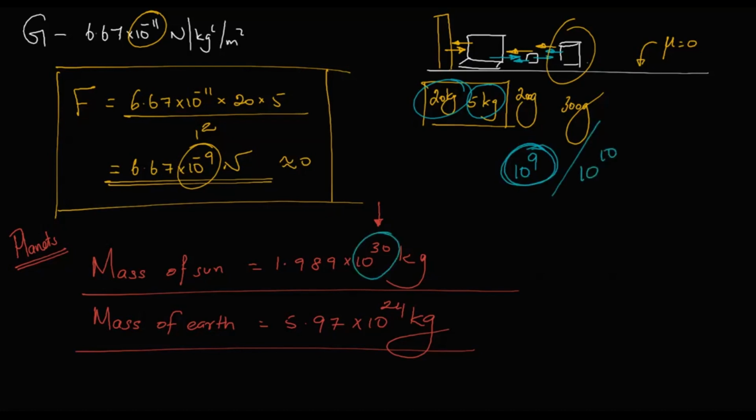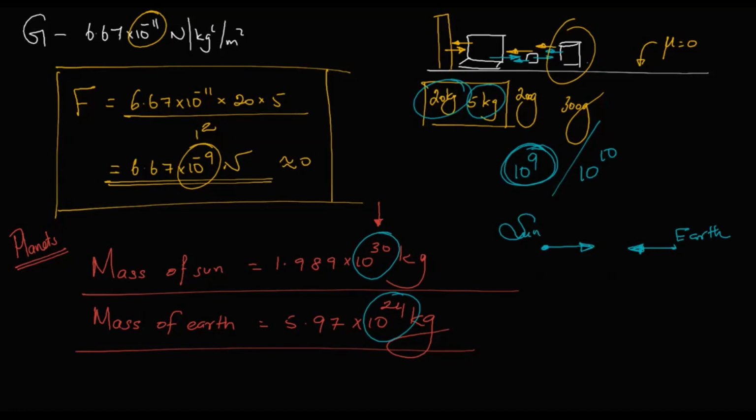So compared to that, 10 to the power of 30 and 10 to the power of 24 are huge values. So the Sun and the Earth would have considerable attractive force between them, right? So understand why this theory is not applicable for normal objects on Earth.